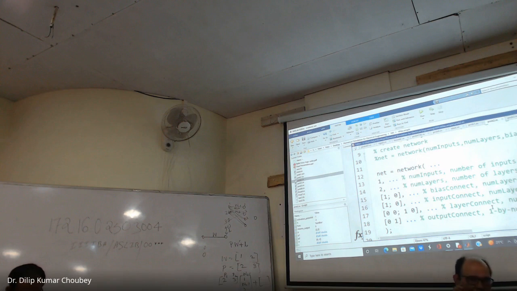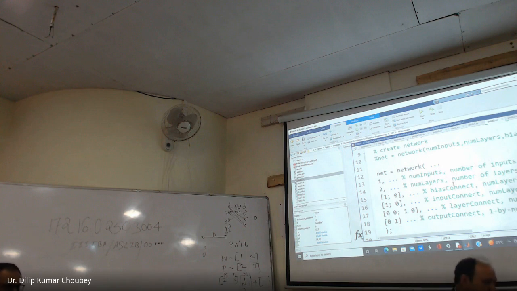I can give one small example of how you can put the customized network. First, consider the number of inputs as one, and the number of layers as two. Bias connected means that internally the bias is connected in your system. If you consider two nodes in the hidden layer, then two biases are there.